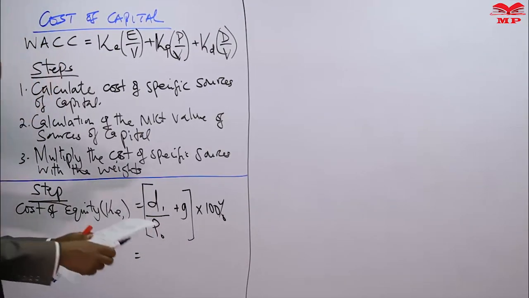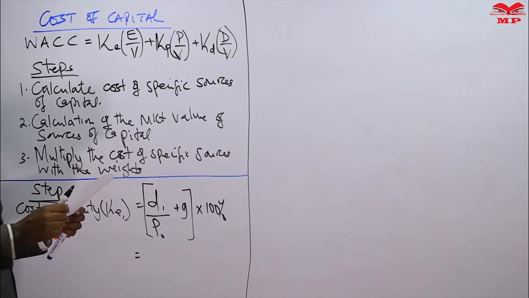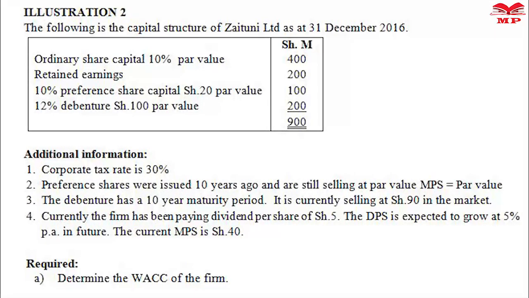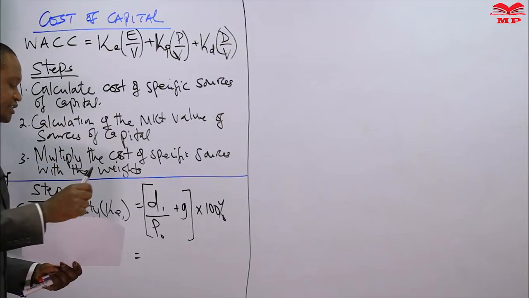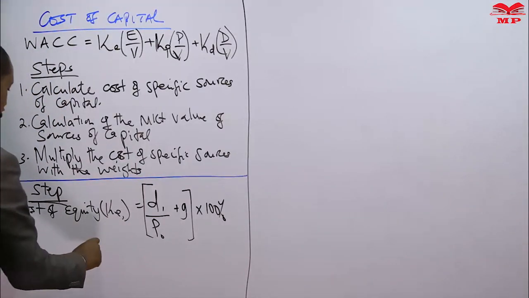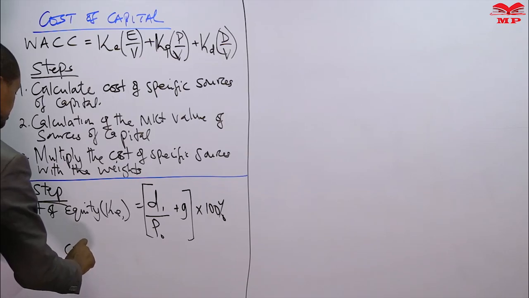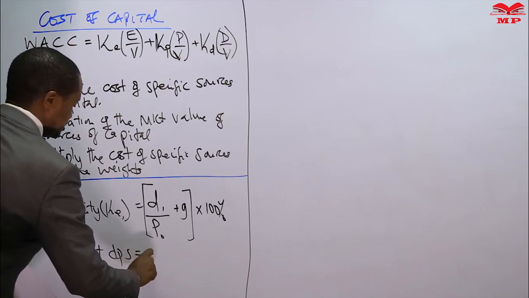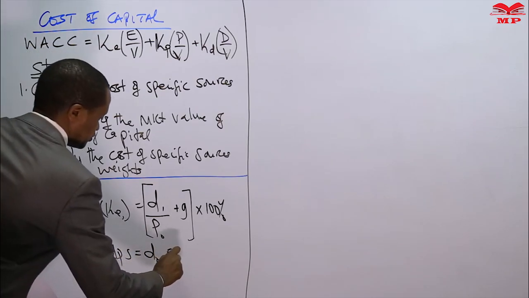Going back to the question, note number 4, we are informed that the firm has been paying dividend per share of 5 shillings. So the current dividend per share, current DPS, which is denoted as D0, is equal to 5 shillings.